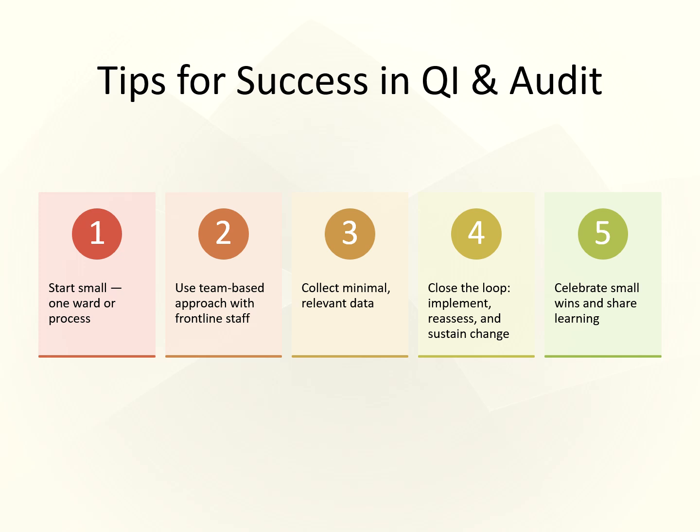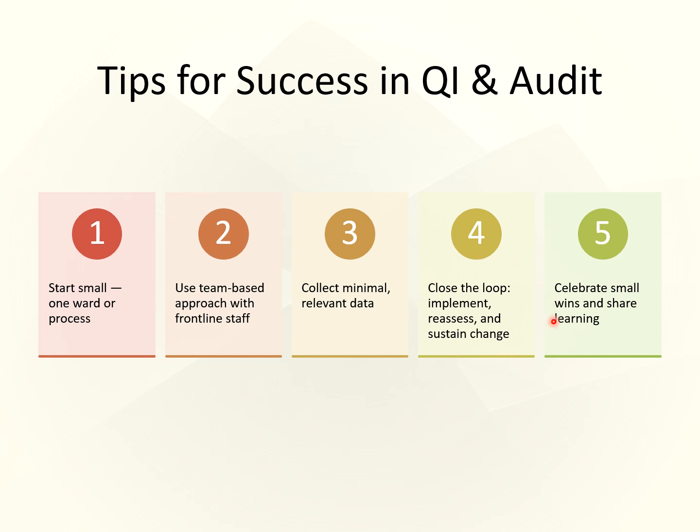And for a successful QI project or an audit, we should start small, with one ward or a process or a service, and then use a team-based approach with frontline staff, and in that way we will get the maximum benefit. Collect minimal relevant data, close the loop, implement, reassess, and sustain the change.